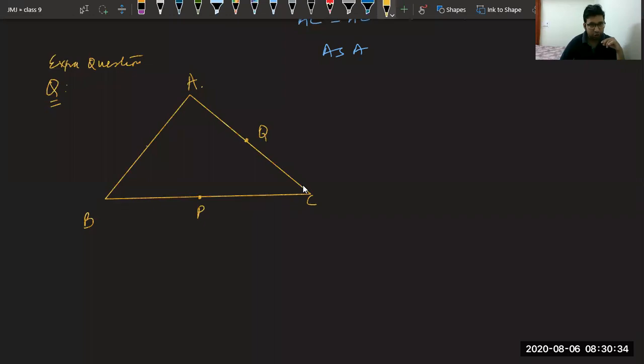And R is midpoint of AB. PR and BQ meet at X. PR and BQ meet at X, CR at Y. Prove that XY equal to 1 by 4.